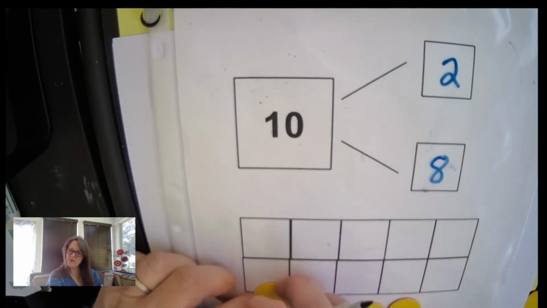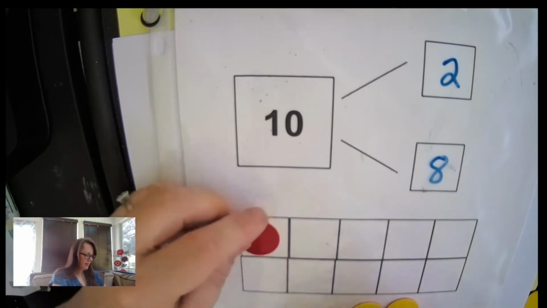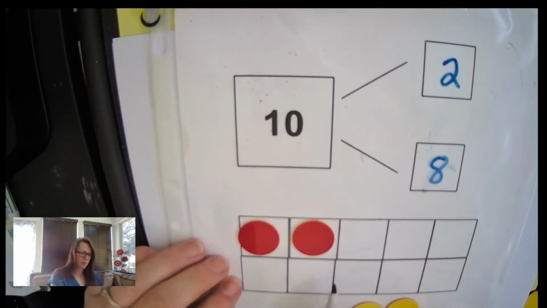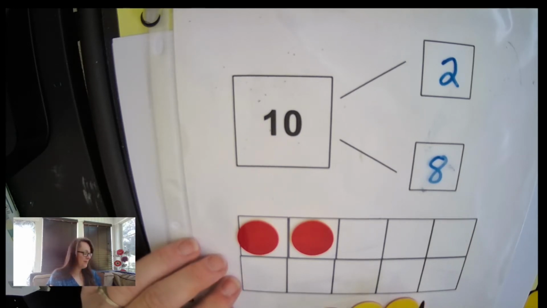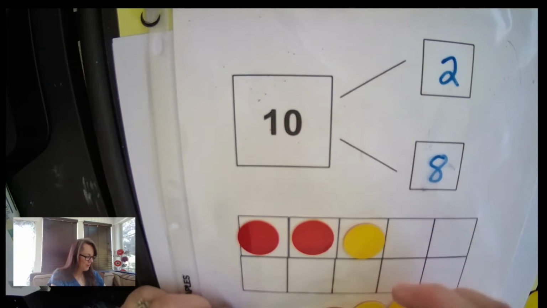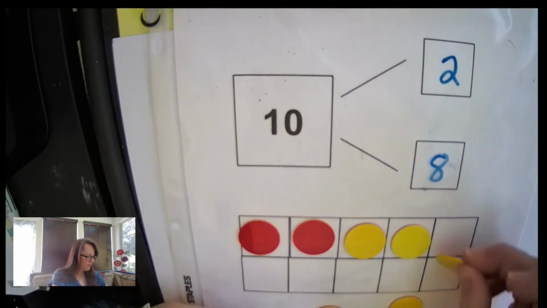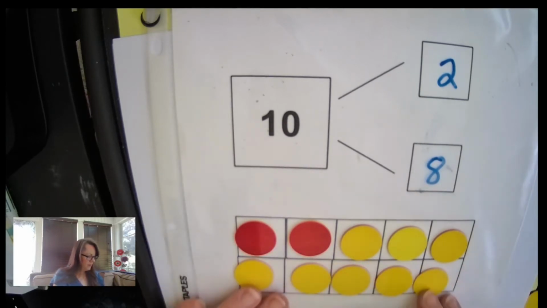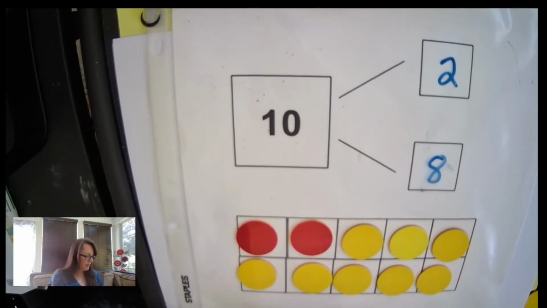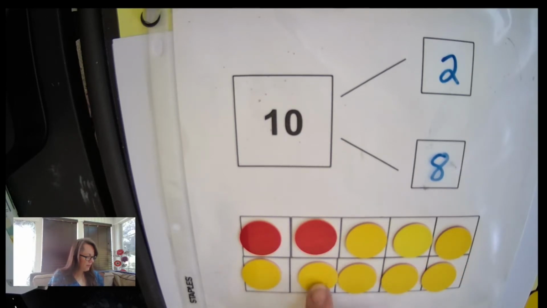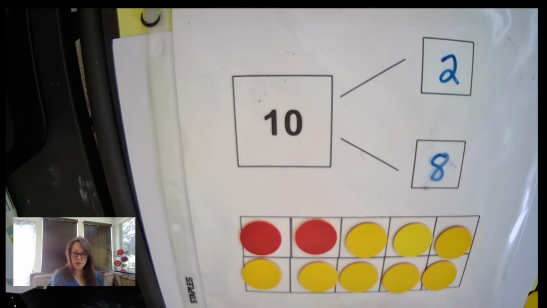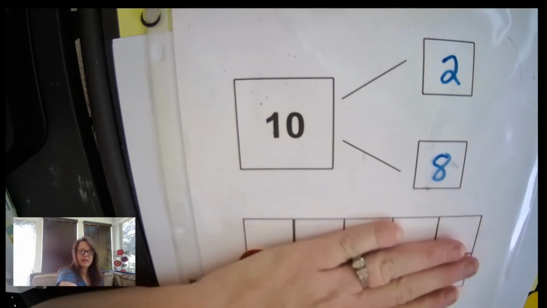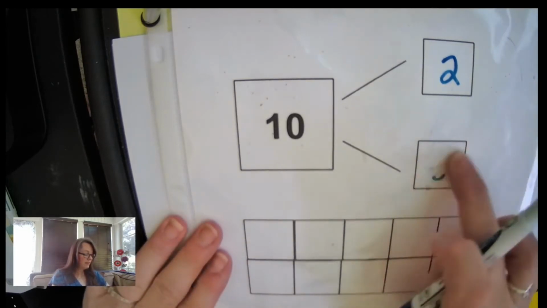Let's see how that looks on a 10 frame. Here's the 2. And how many more do we need to fill the 10 frame? Exactly. We need 8 more to fill the 10 frame. So I have 2 and 1, 2, 3, 4, 5, 6, 7, 8. 2 plus 8 also equal 10. Is there another one?